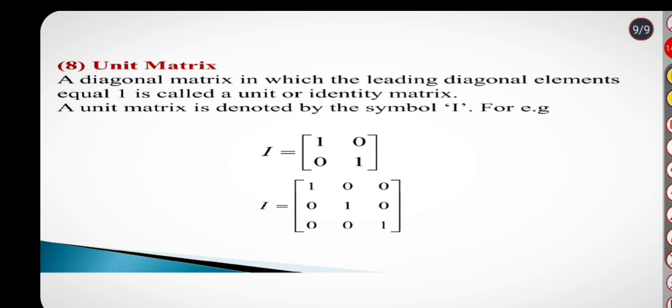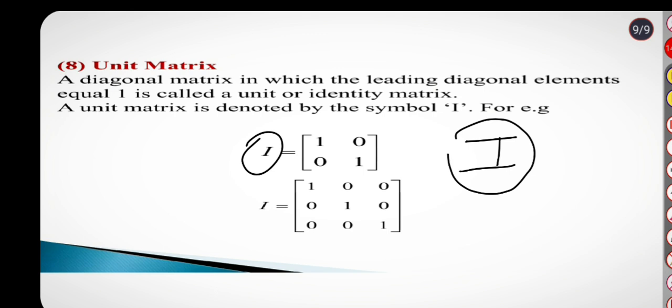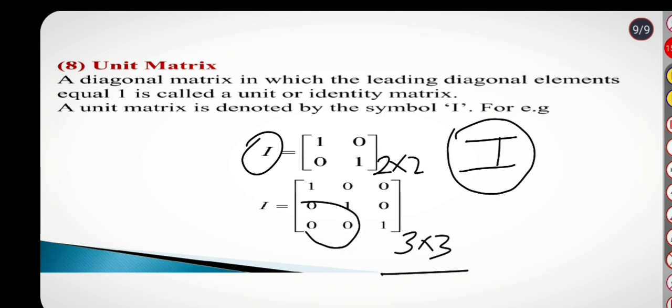A unit matrix is denoted by the symbol I. You can also say this is the unit matrix where all the leading diagonal elements should be 1. Here it is 2 cross 2 and 3 cross 3 order, where the other elements should be 0 and the leading diagonal elements 1. Then you can see that this is the identity matrix or unit matrix.